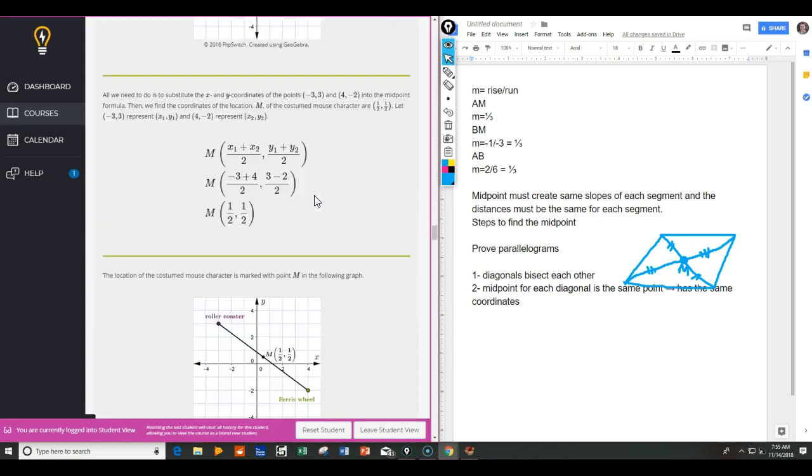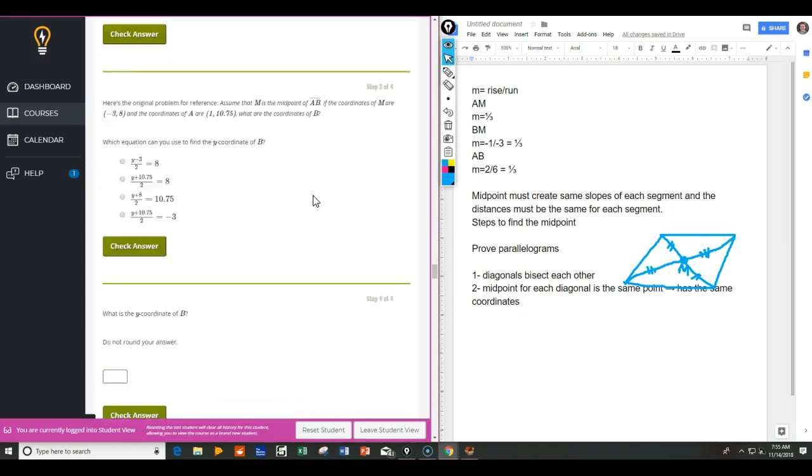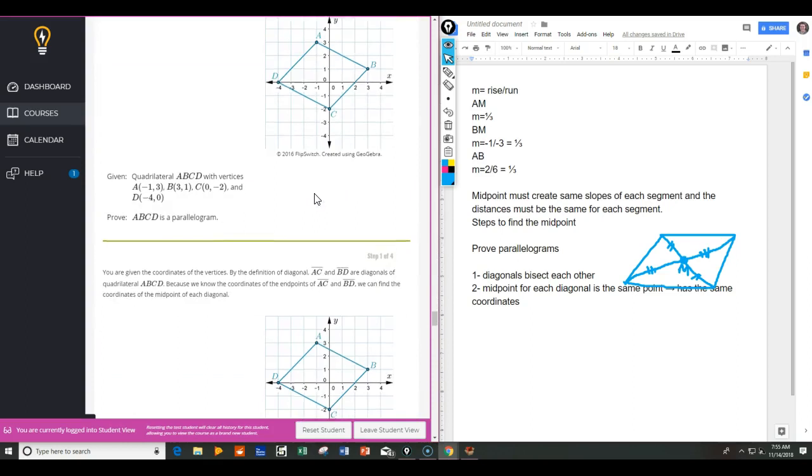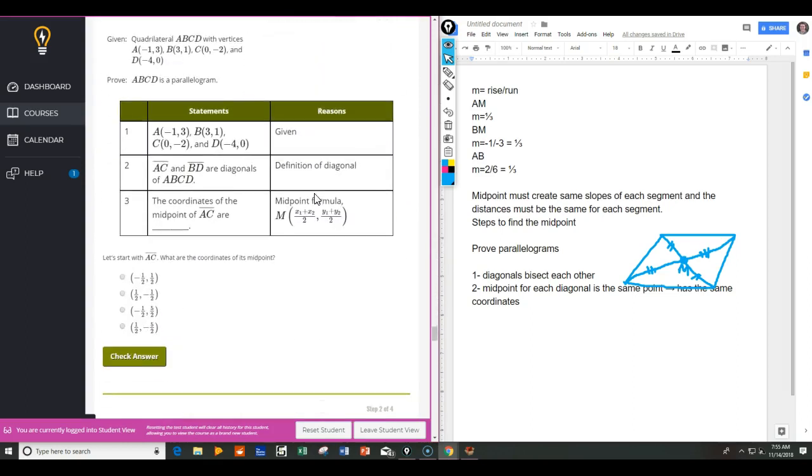Let me scan to it. I just selected to show all because I didn't want to work through the question in order to see all of these answers. So I'm just going off of the reasons.